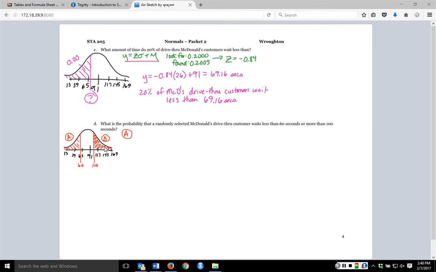We're trying to find a probability, so we're going to be using that z equals formula. On this side, we're going to be using the 60 for our y. Mean and standard deviation haven't changed at all. So we get negative 1.19. We're going to take that number to our table.